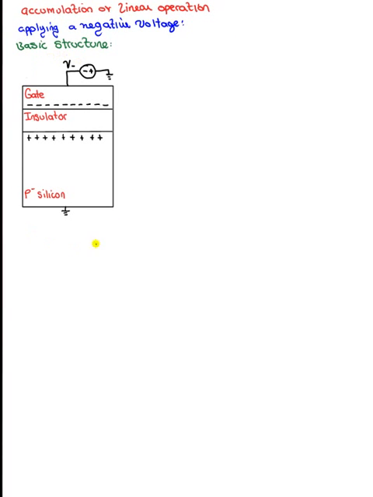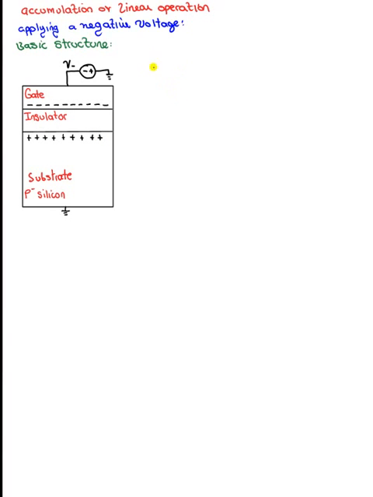Due to the negative voltage that we are applying, the electrons are flowing through the wire down to the metallic contact and are getting accumulated here in the gate. This starts pulling some of the positive charges in this doped silicon to the top of the substrate. This is the substrate. I think I forgot to write it. In reality you have some negative charge stored here and some positive charge stored here and an insulator in the middle, so we have a capacitor.